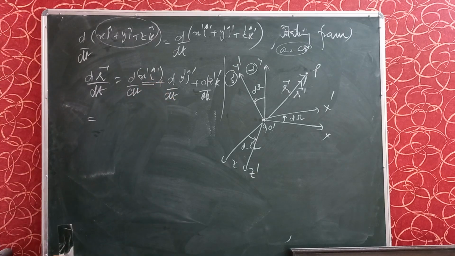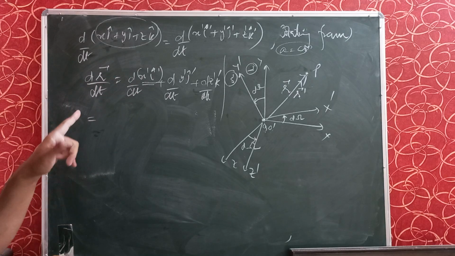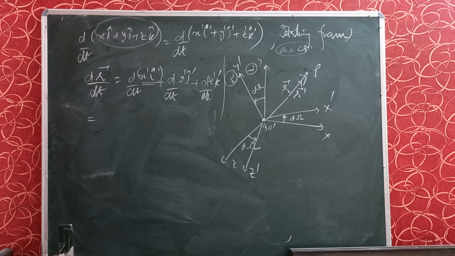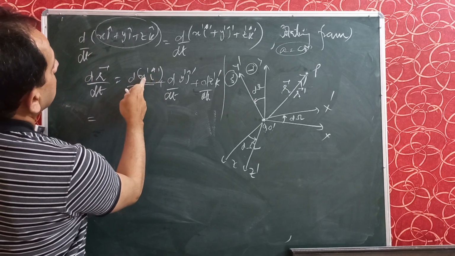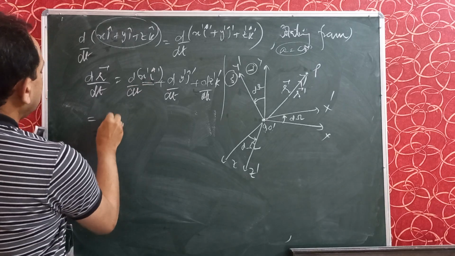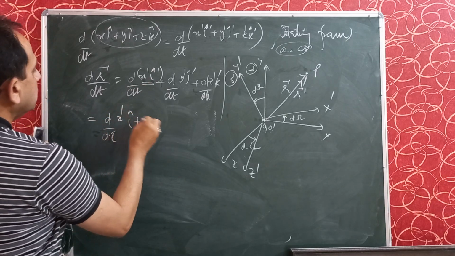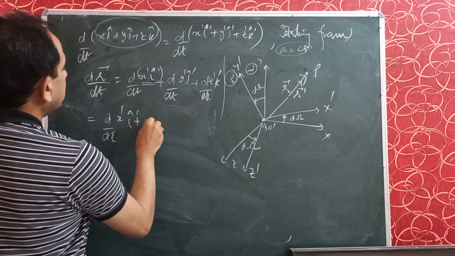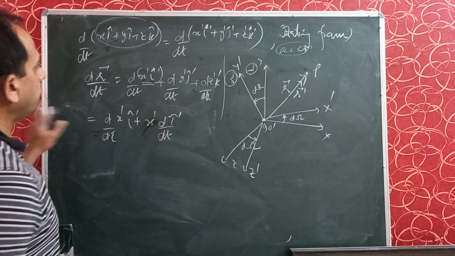In previous articles, we considered mostly i, j, k as constants, but in this case i dash, j dash and k dash are variables, whereas i, j, k are constants. Therefore, we may split the derivative of this term as dx dash upon dt into i dash plus x dash into d i dash upon dt.